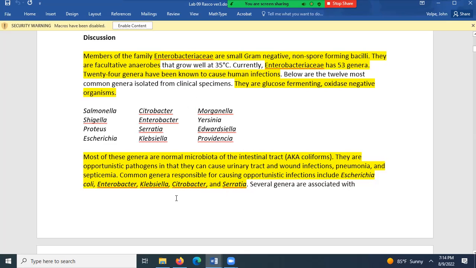There are some common genera that are responsible for causing opportunistic infections, including Escherichia, Enterobacter, Klebsiella, Citrobacter, and Serratia. But several members of this family are human pathogens like Salmonella, Shigella. I'm sure you know that. Klebsiella, Yersinia.